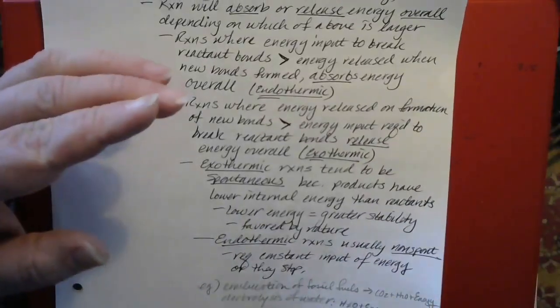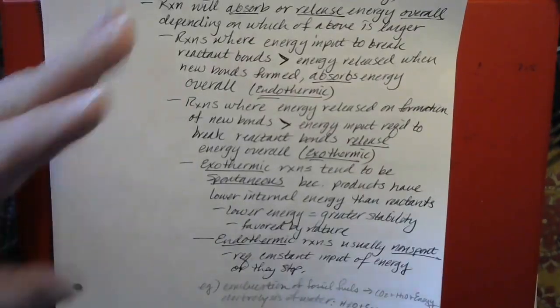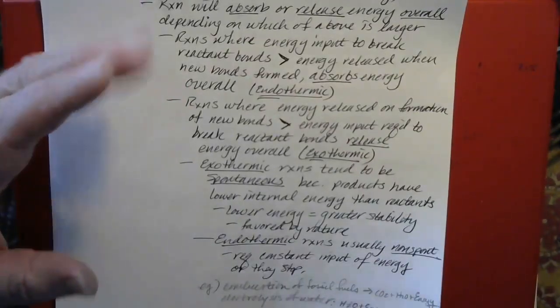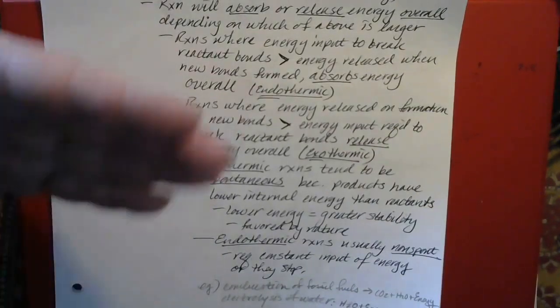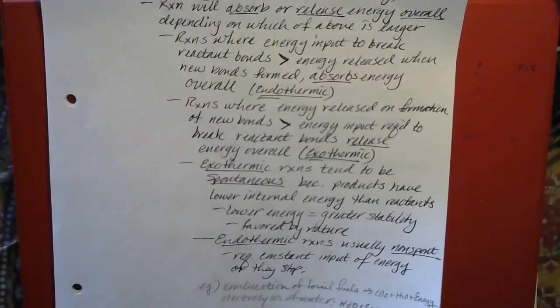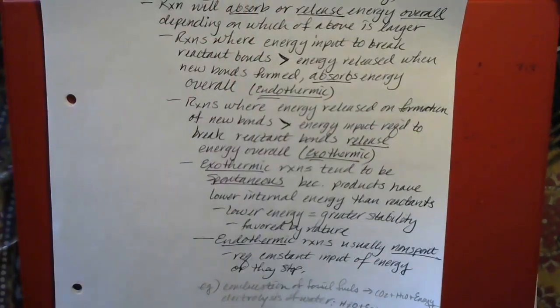In nature, lower energy tends to be associated with greater stability, and nature tends to favor greater stability. So things in general just tend to lose energy over time to the surroundings, to the environment.